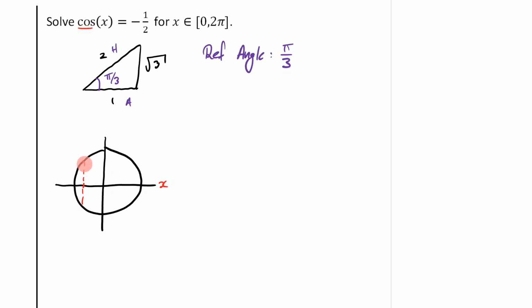So that means there are two places on my unit circle where I will get an x value of negative a half. I'm just leaving these as dashes because we don't care about the y. So do you see there are two places on my unit circle where I'm going to get x values of negative a half, and I need to figure out what those are going to be.